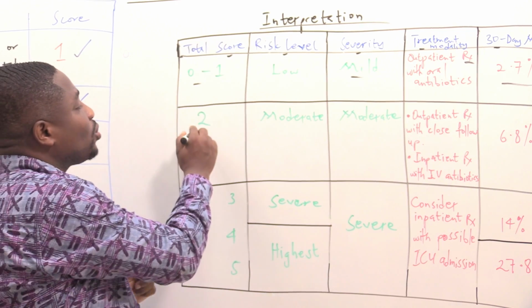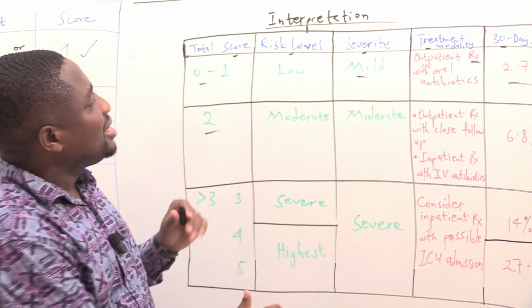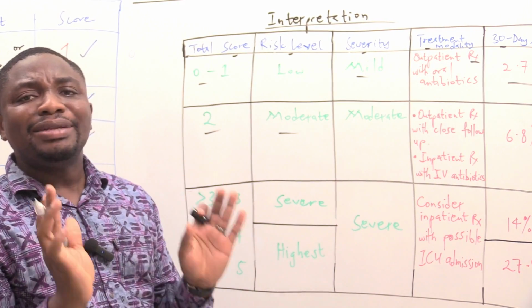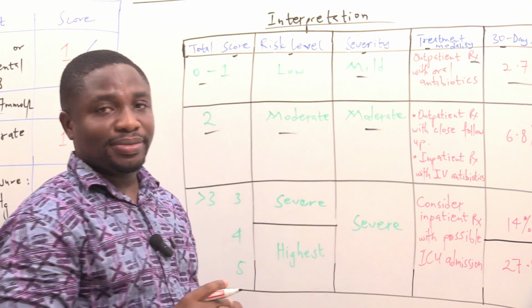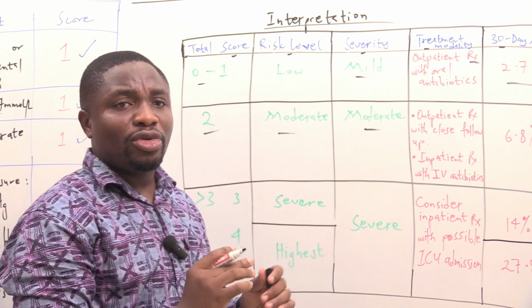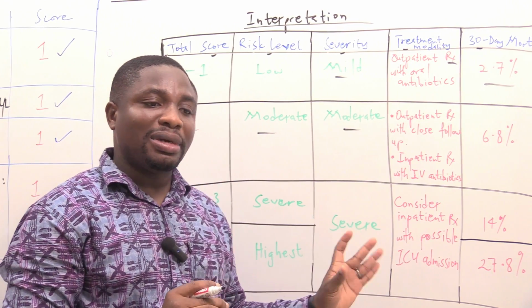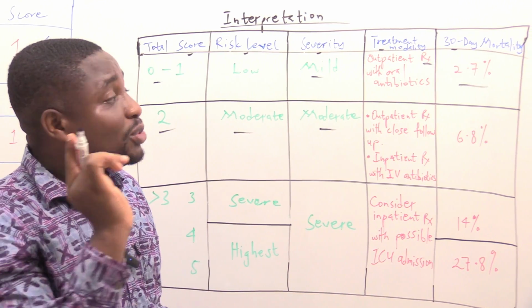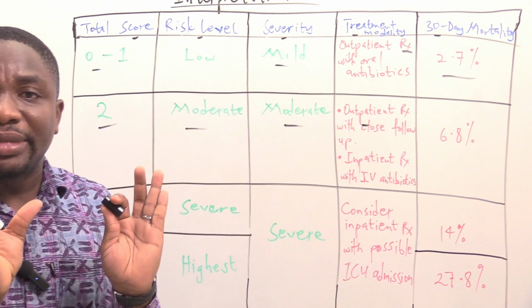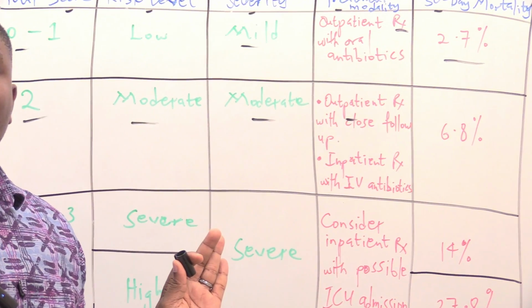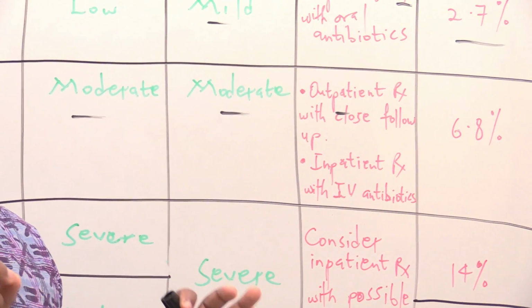The next one is if the total score is 2. That makes the risk level moderate, and the severity also moderate. And what will be the treatment modality? There are going to be 2 treatment modalities. The first one is outpatient treatment with oral antibiotics with close follow-up.